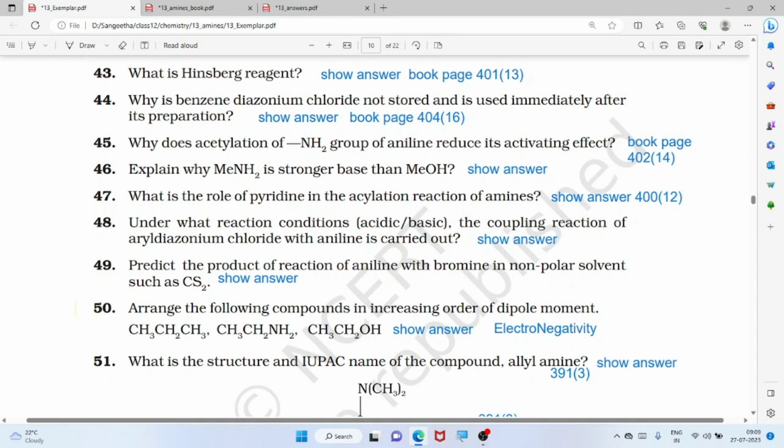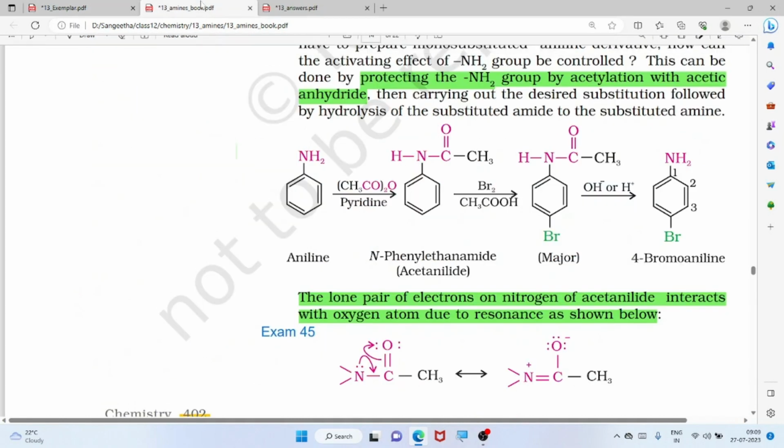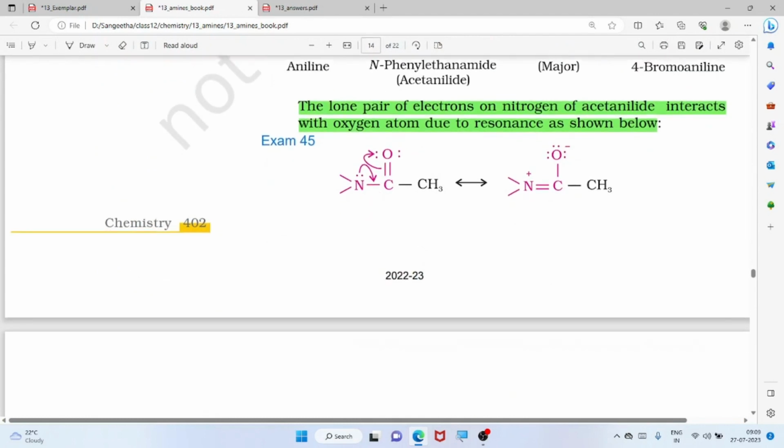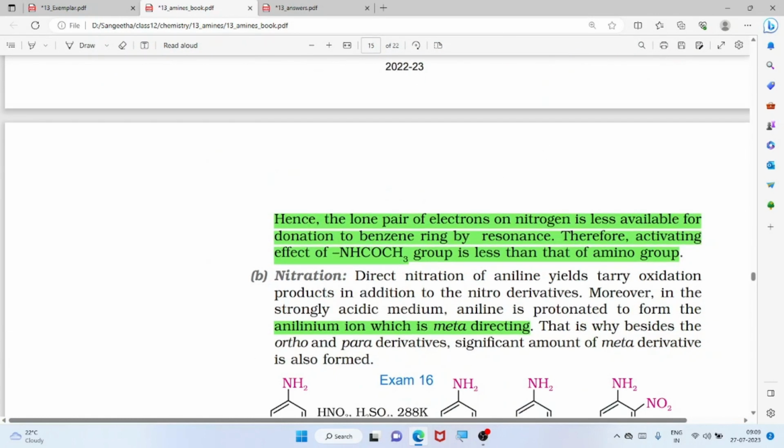It reduces the activating effect due to this resonance. Hence, the lone pair of nitrogen is less available for donation to the benzene. Therefore, the activating effect of this group is less than that of the amino group. Okay, so that is why this activating effect is less.